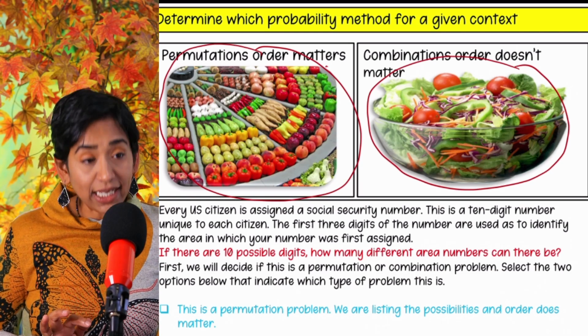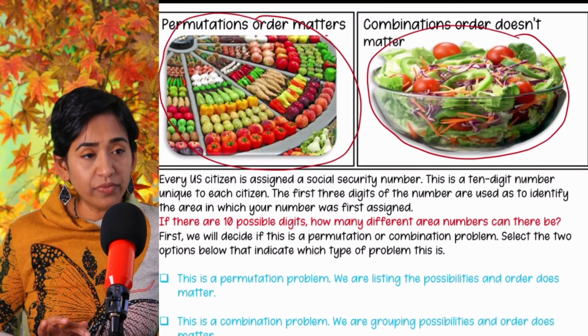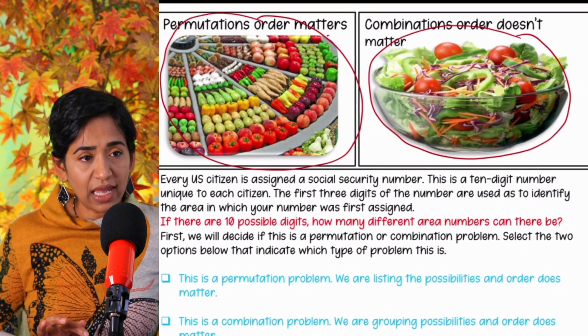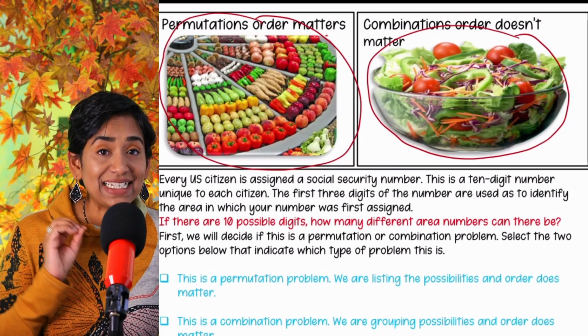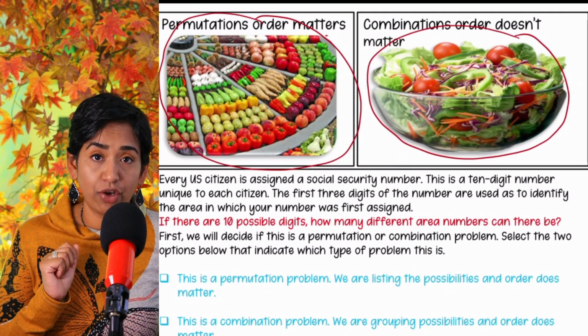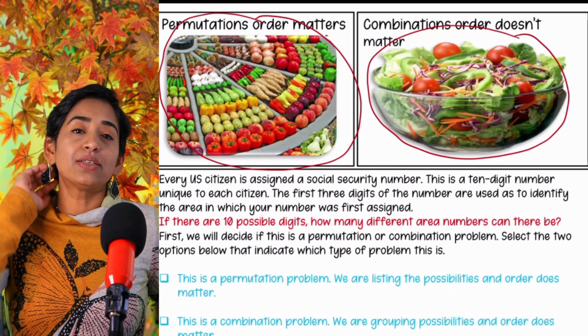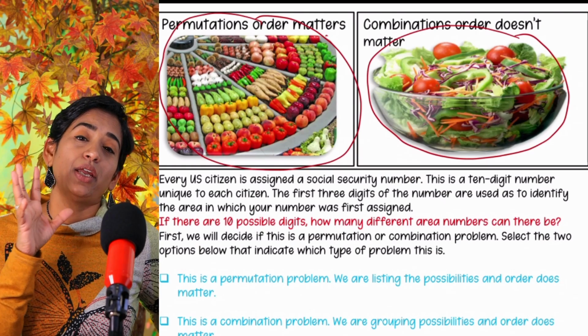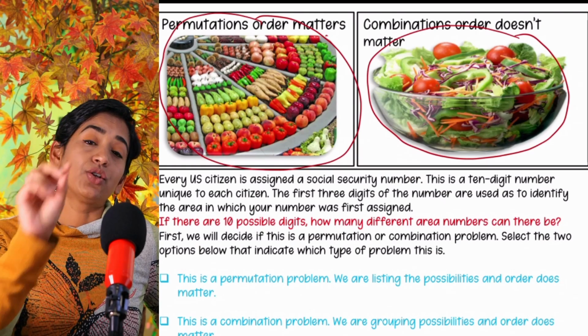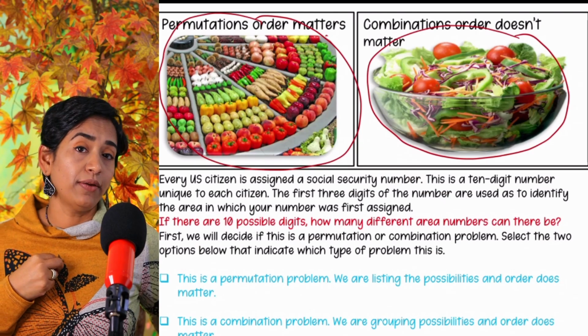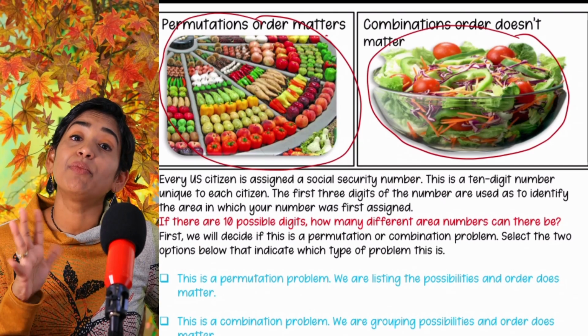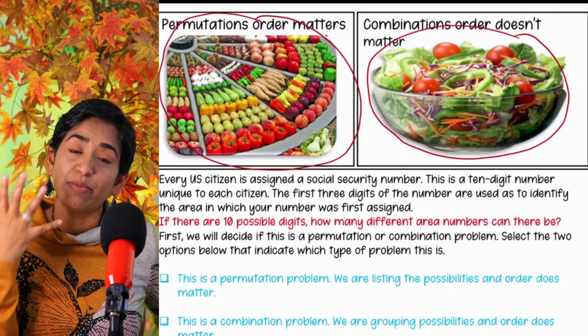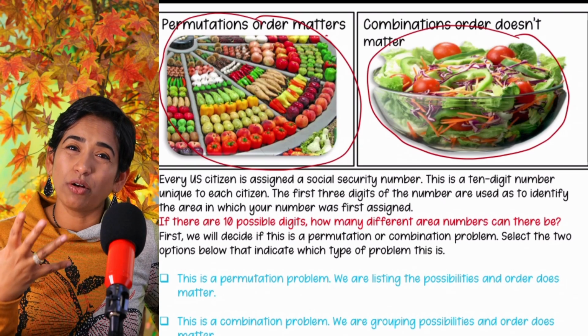So let's take a look at the first problem here. Every US citizen is assigned a social security number. Does your social security number differ from mine? Yes, it has the same amount of numbers, but does the order differ?